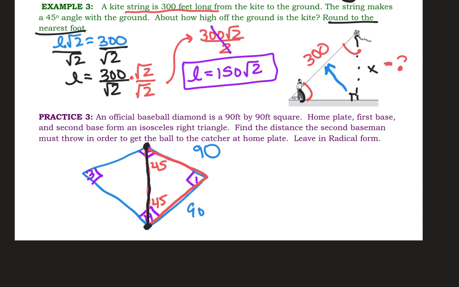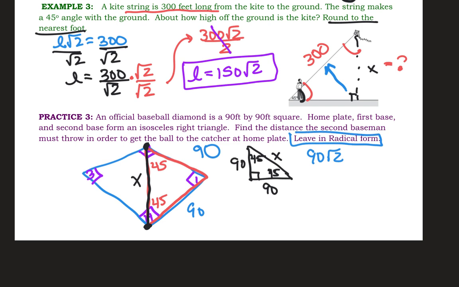So we want to know this side. If I was to draw this away from the full picture, you have a 45, 45, 90 triangle. The sides are 90. So what would be the distance that we're looking for? Correct, it would be 90 square root of 2. And this one I did ask you guys to leave in radical form, so just leave it there.